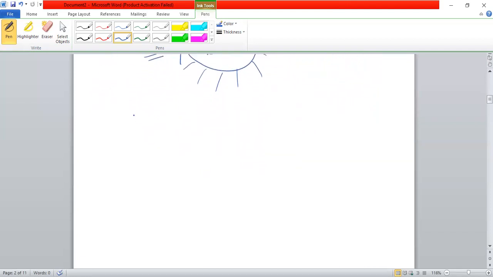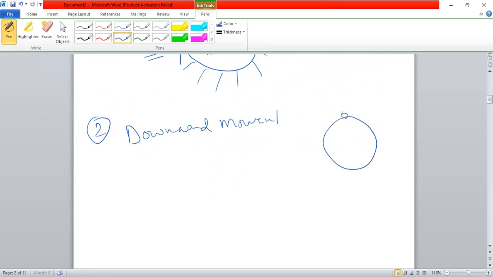The remaining two problems are very important. The second one is downward movement. Suppose this is the eyeball, the superior oblique is attached here, and there is a trochlea.